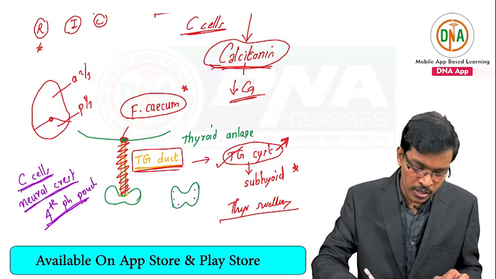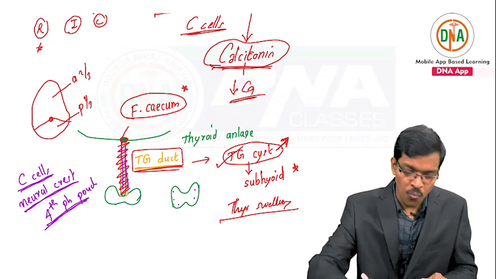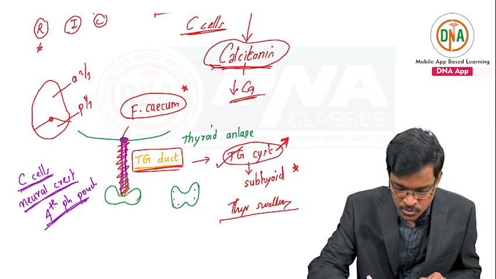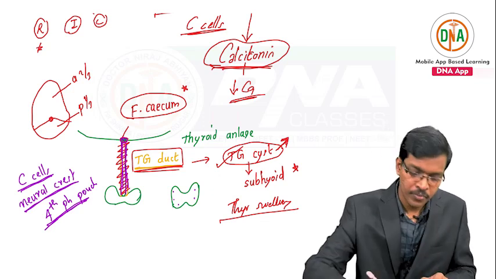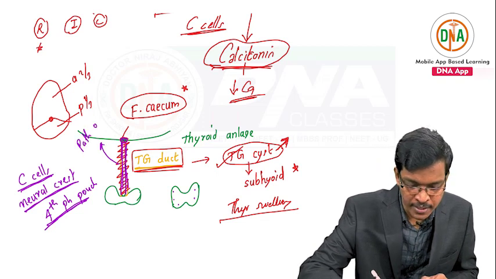And one more embryological aspect from a clinical point of view is that this tract of the thyroglossal cyst is known as the path of thyroid migration.